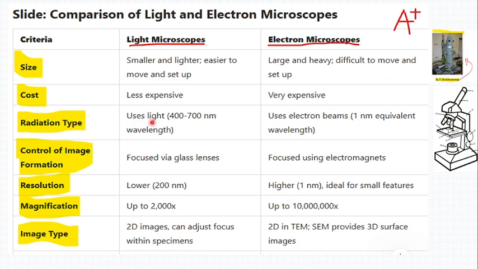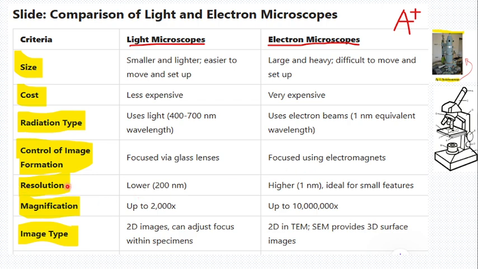Irradiation types: it uses light. This one uses electrons. What about the control of the image formation? I told you we use lenses in light microscopy, while this one uses electromagnets. There is no lens in electron microscopy. Okay.